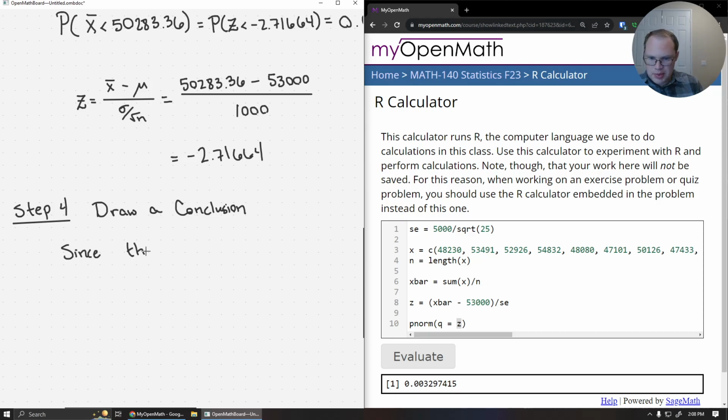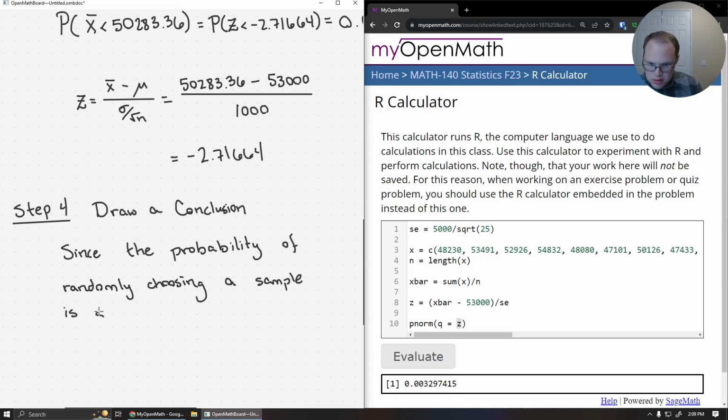Since the probability of randomly choosing a sample is so small at 0.0032974415, that's less than a 1% chance of happening, assuming that hypothesis was true.